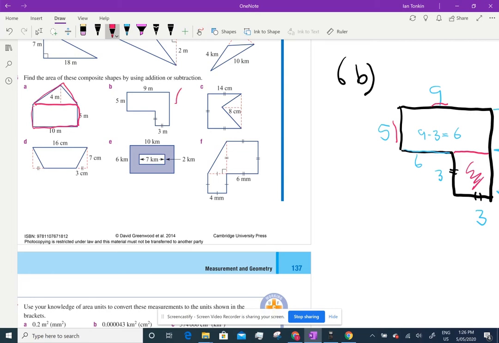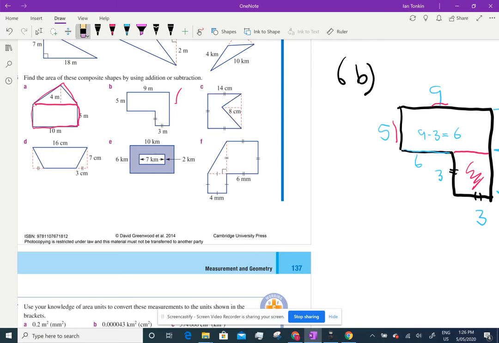I've done that one. Here, I'd probably, rather than find two triangles, and it's really hard because you don't know the base of this one, or breaking up, I'd rather find the square and minus the rectangle.